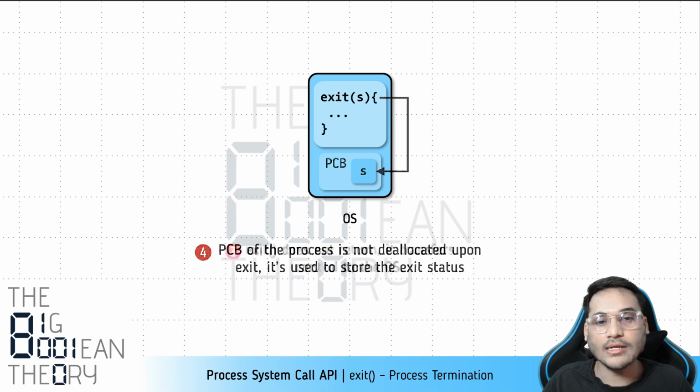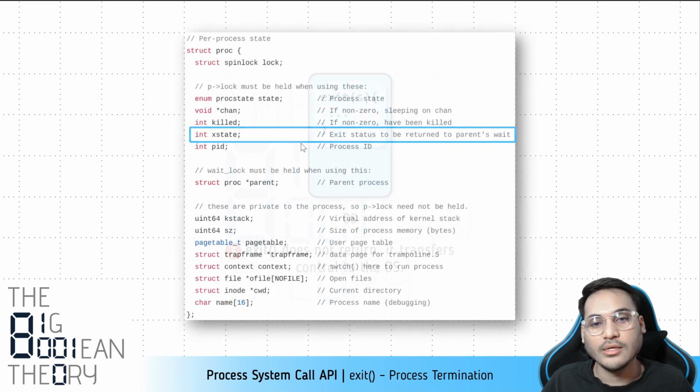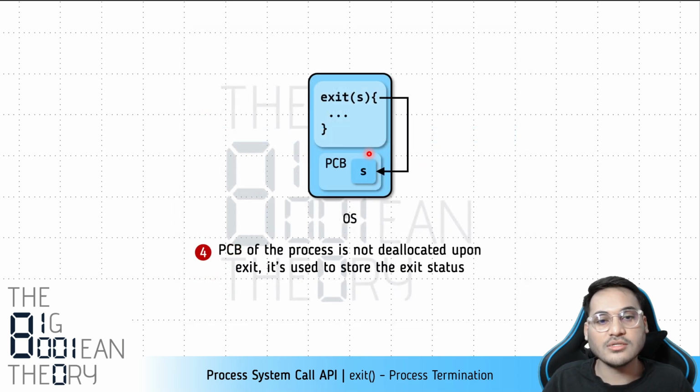We saw the field, right? This xstate field in this diagram you're seeing, this is the process control block, and let's assume that this is the field xstate which stores the exit status, the exit code. So the point is that the PCB of the process which got terminated is not deallocated upon exit. It's used to store the exit status. Now the process has terminated, but we still have the exit code in the process control block.